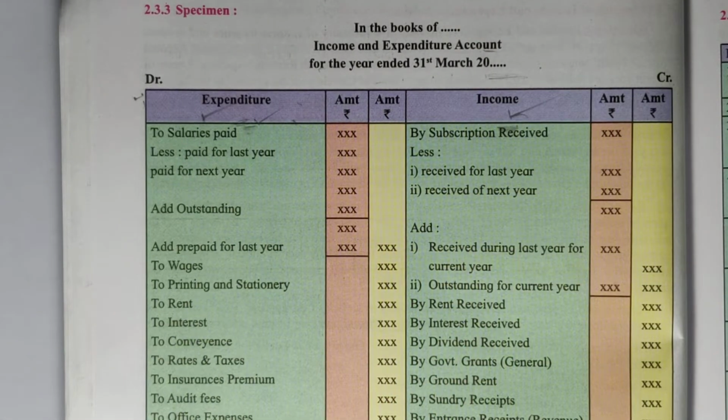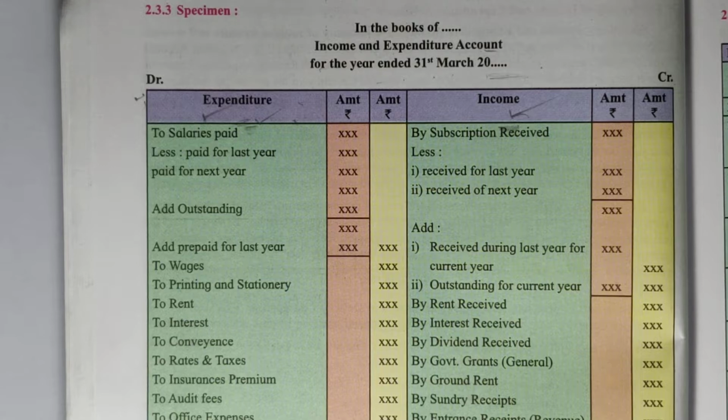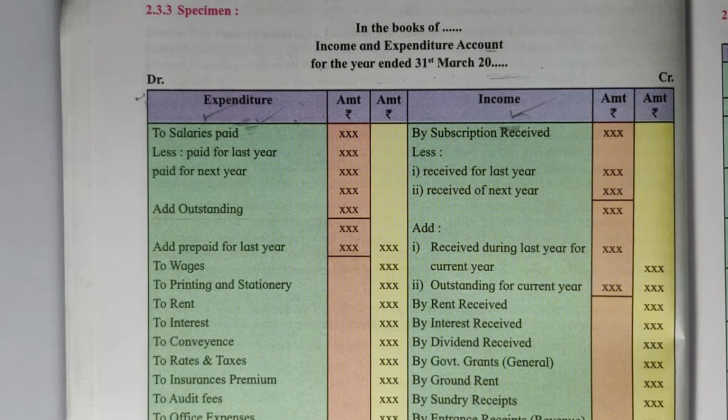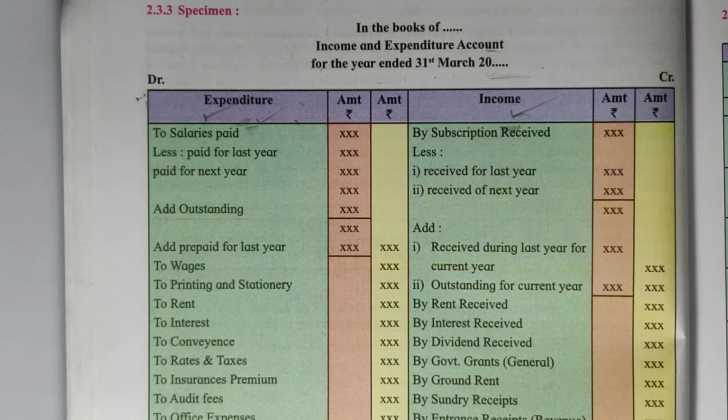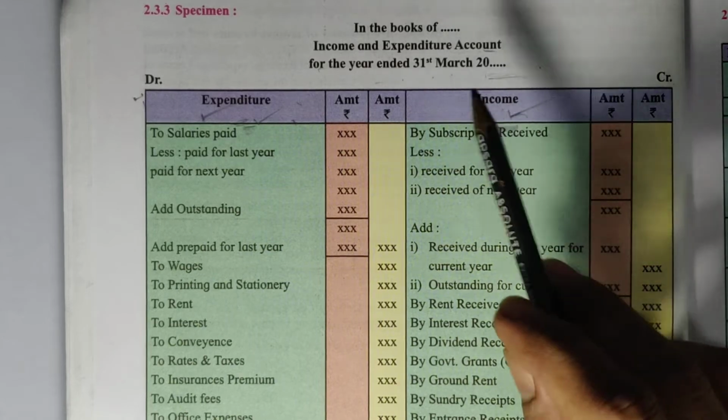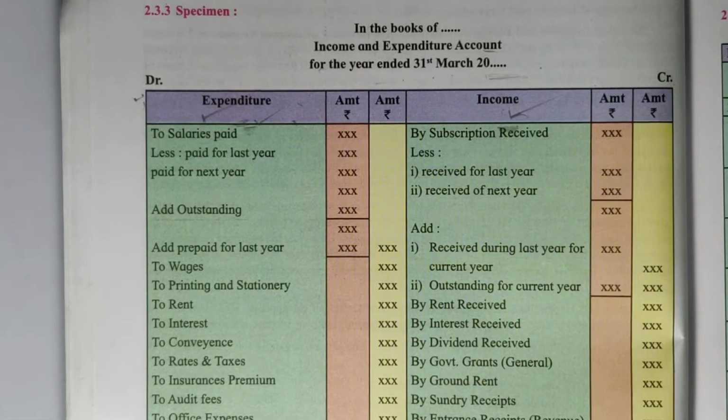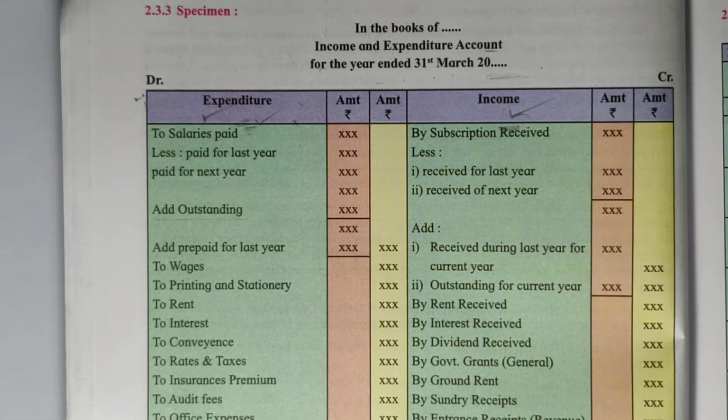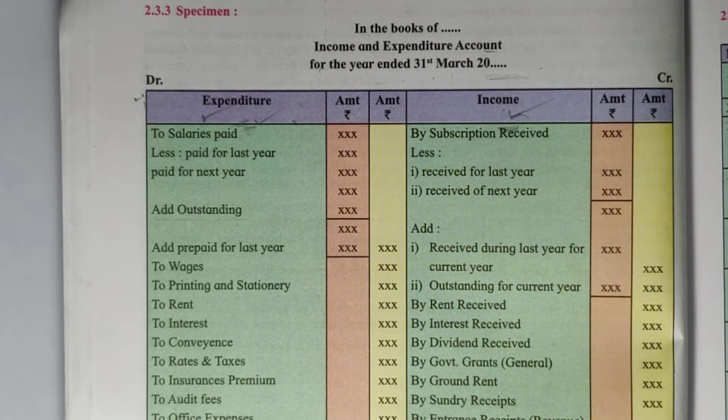And all the revenue receipts like rent received, interest received, commission received are to be recorded to income side of income and expenditure account. Income and expenditure account is a nominal account, and it records only the revenue aspect of receipt and payment account.